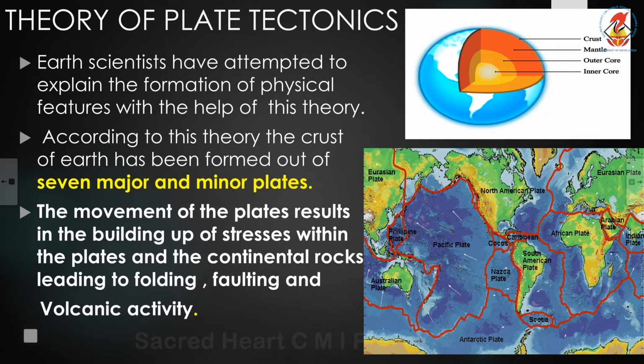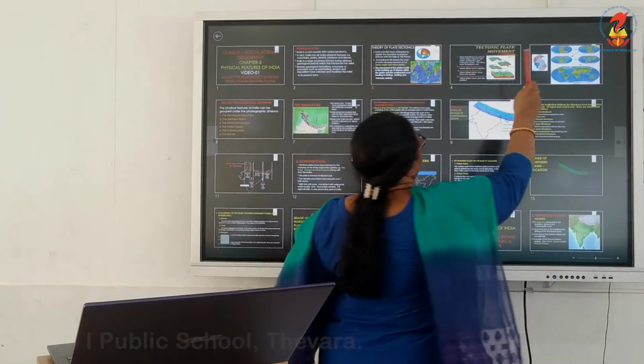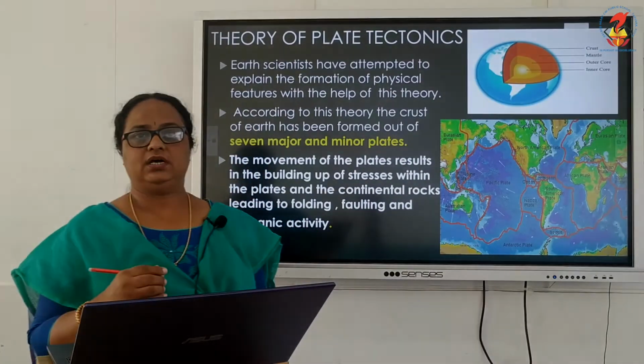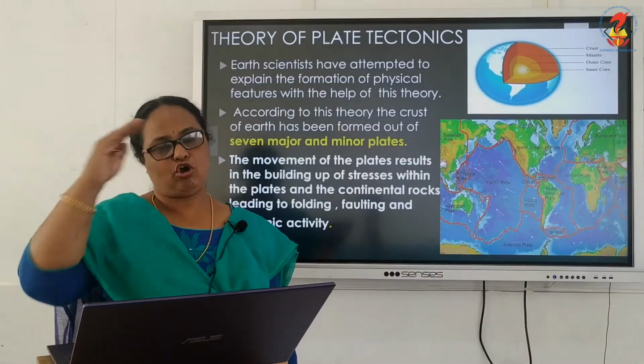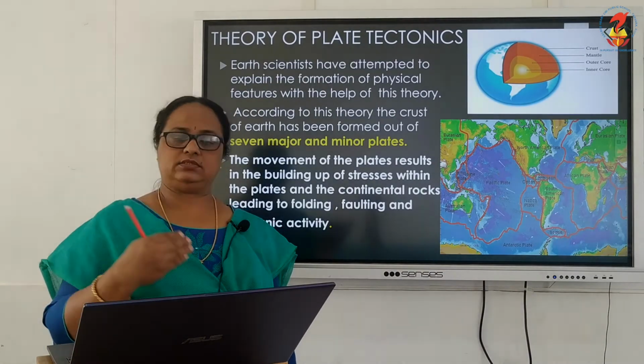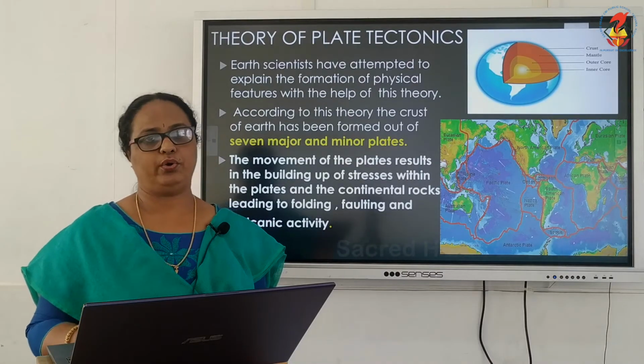The Earth has three different layers: the crust, the second one is mantle and the third one is the inner core. I repeat, the top layer is called the crust, then the mantle, then we have the core.